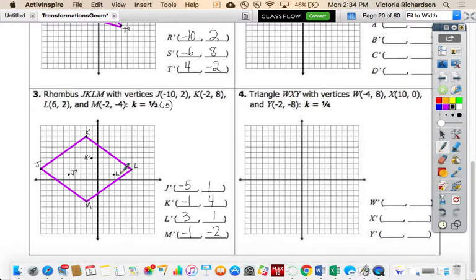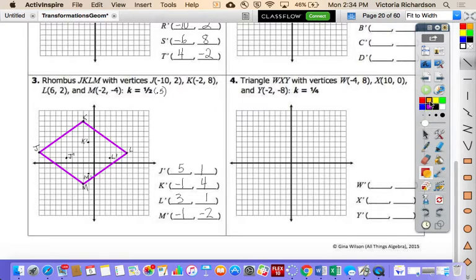And M prime is negative 1, negative 2. Now we're going to connect our points. And now we have a rhombus that is half the size of the one that we started with.